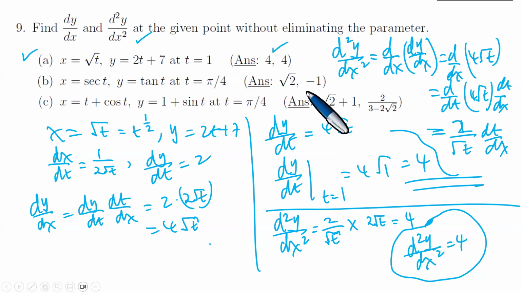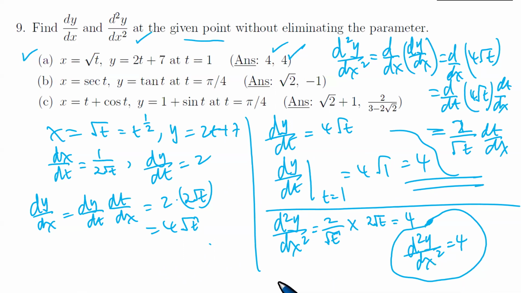So obviously it is correct to say that dy/dx at t equals 1, at the given point, is 4, and d squared y over dx squared is also 4. So we have solved this particular problem here.